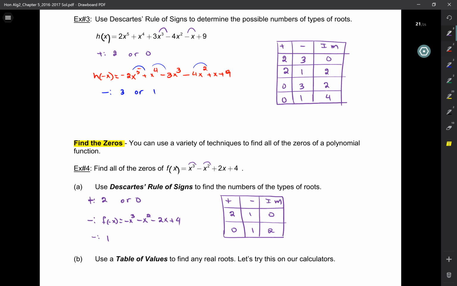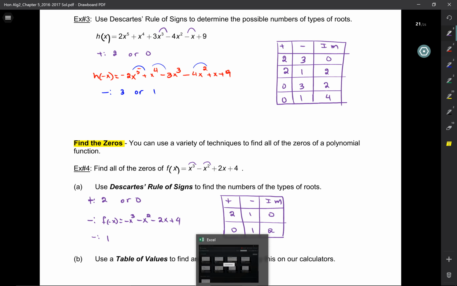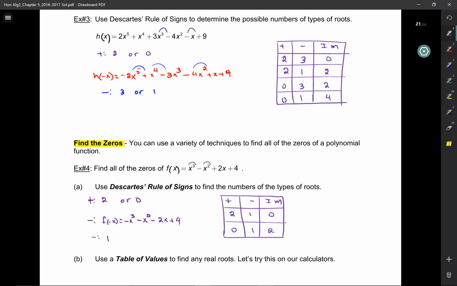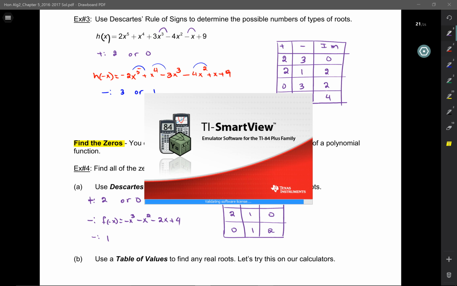All right. So let's use a table of values. So I'm going to plug this in.